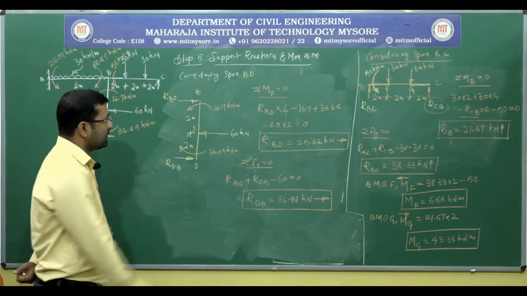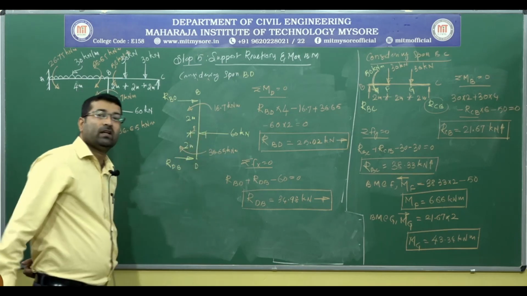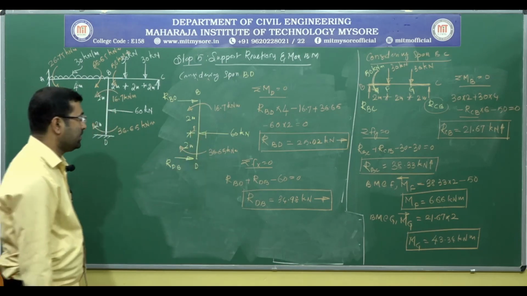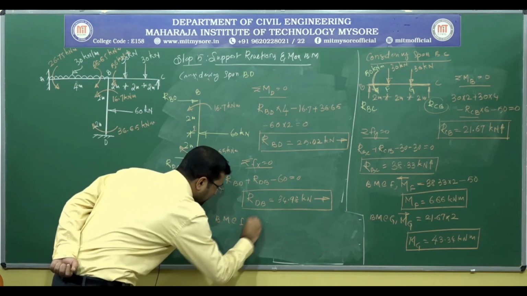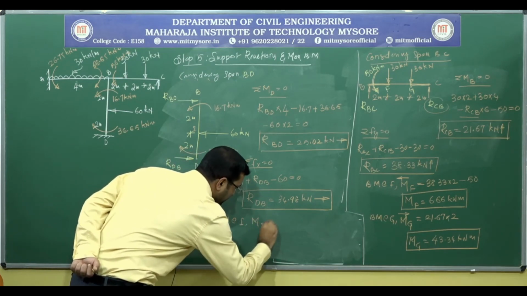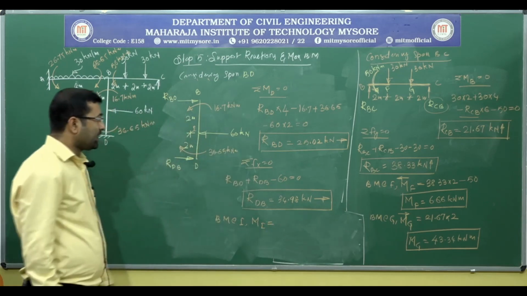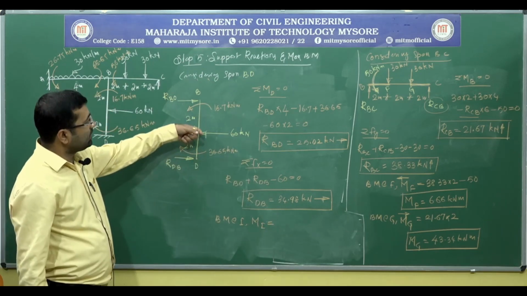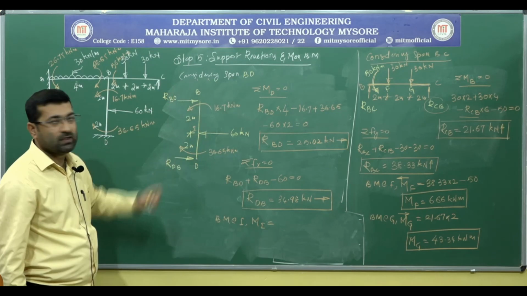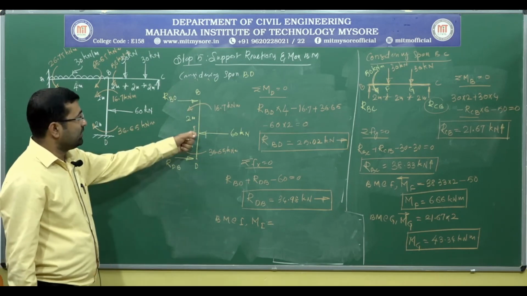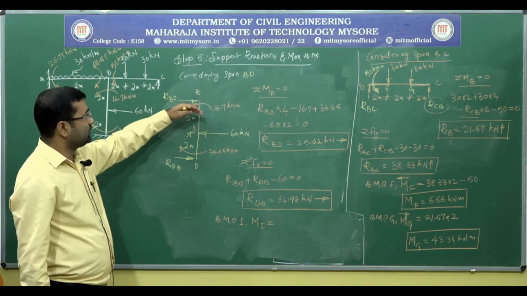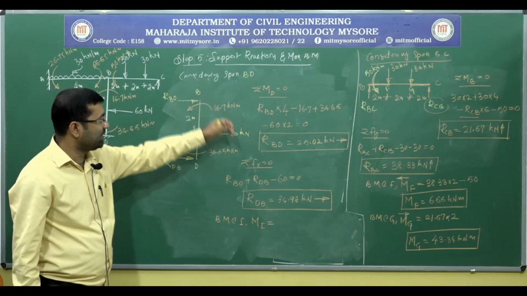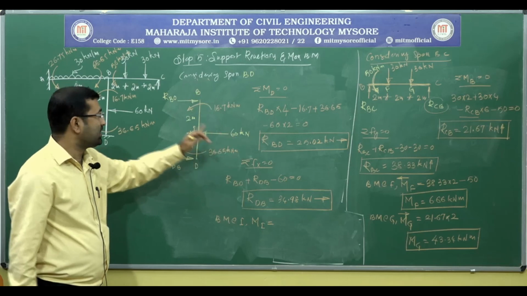And lastly, we need to determine the maximum bending moment at the concentrated load, that is the bending moment at I, MI equals. Here, for the calculation of MI, I can consider either the top portion or the bottom portion. If I consider the top portion and assume it as the left side, then RBD is creating a clockwise moment.